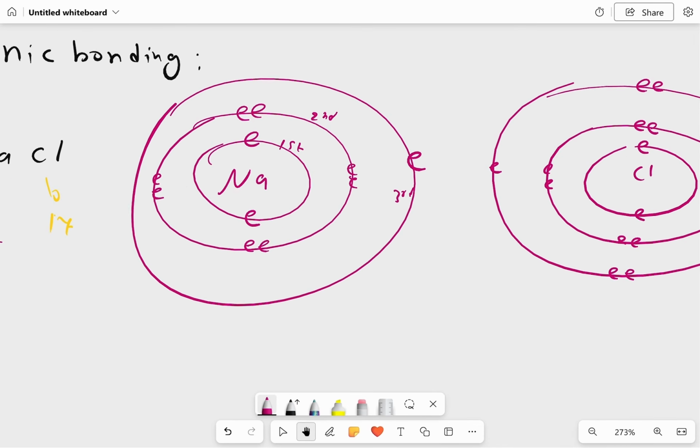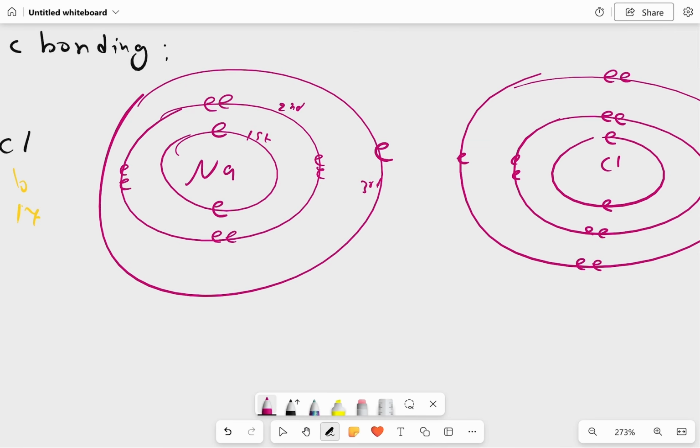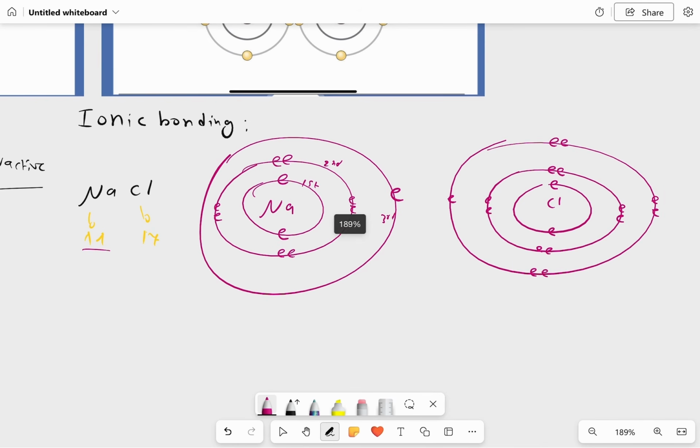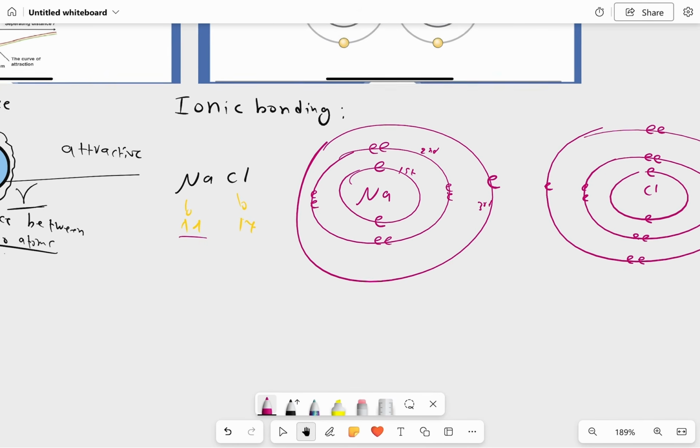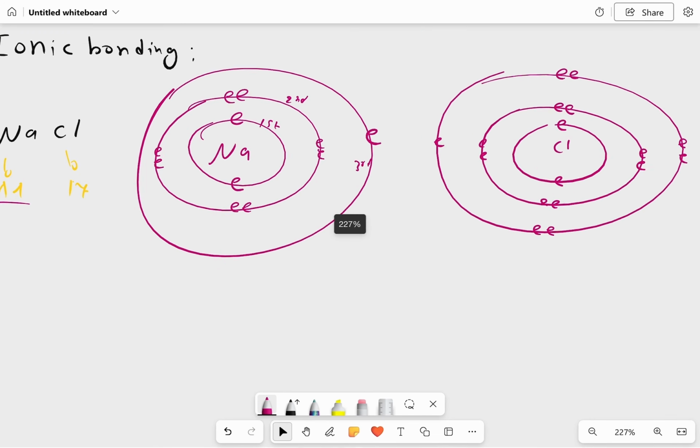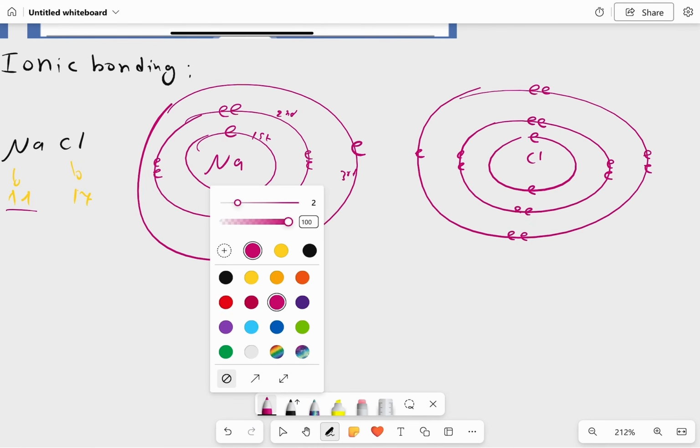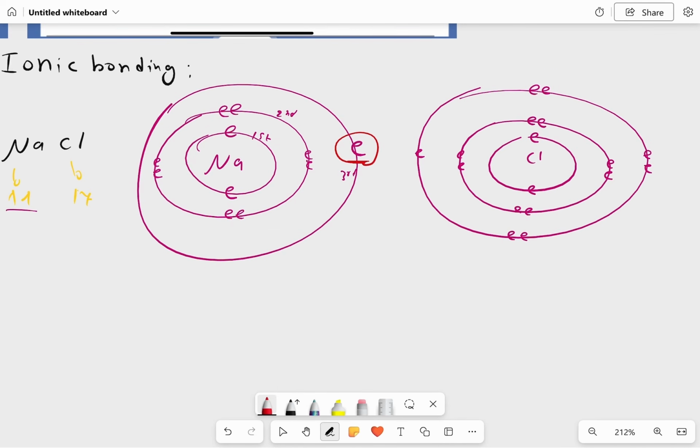Now look, guys. We said that ionic bonding is about what? It is about donating and receiving electrons. As you can see here, NaCl is salt, by the way. This last electron of Na is going to fill the last shell of Cl.